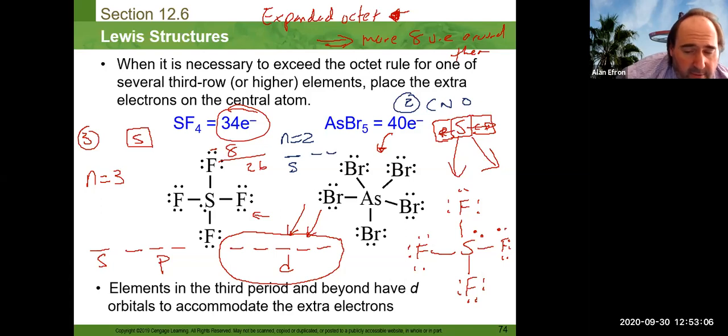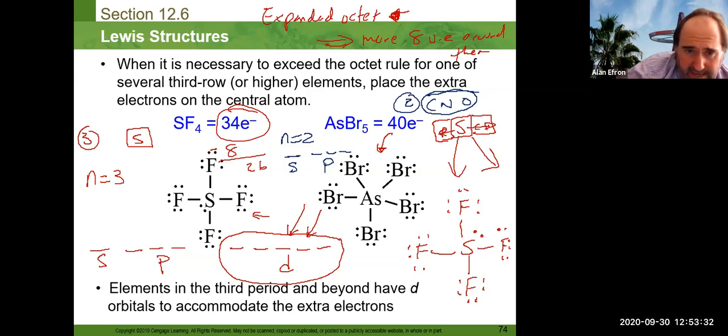They have P orbitals available. They do not have d orbitals available, which means anybody in period 2 should never, ever, ever go over 8 because they do not have the ability to go over 8. So anything that's in that second period, carbon, nitrogen, oxygen, fluorine, they should never go over 8 because they really do not have the ability to do so.